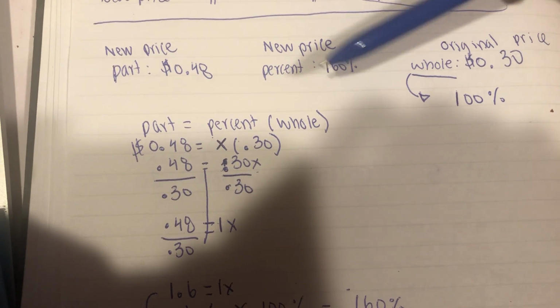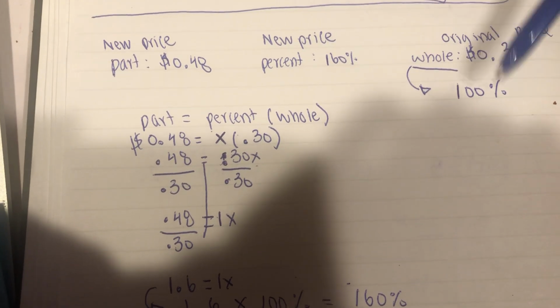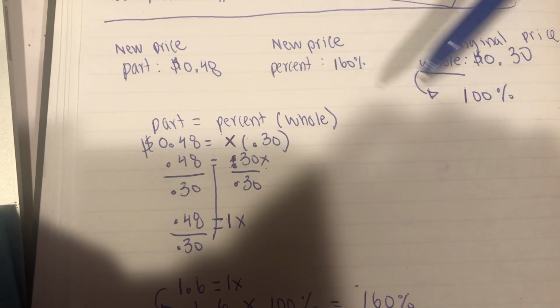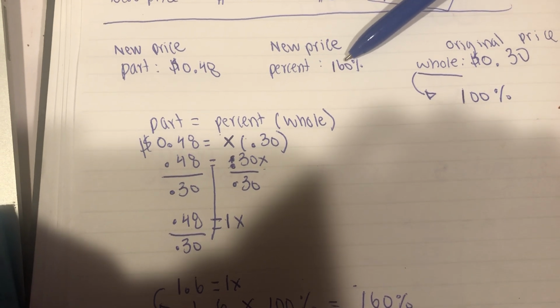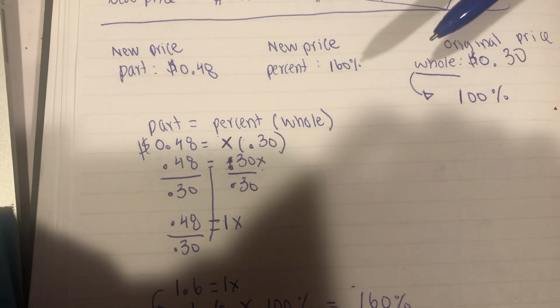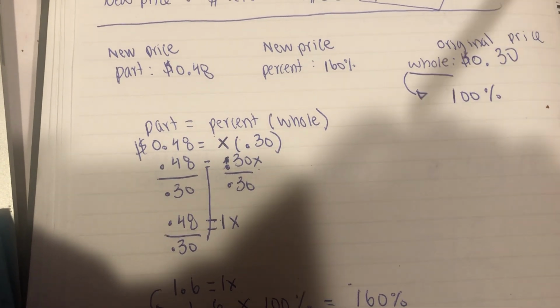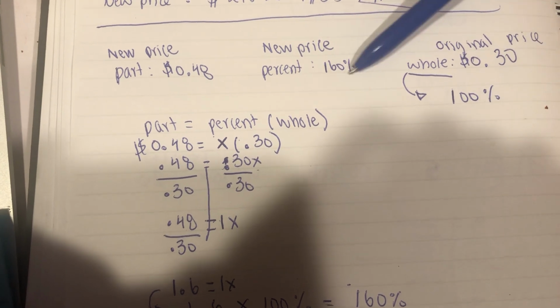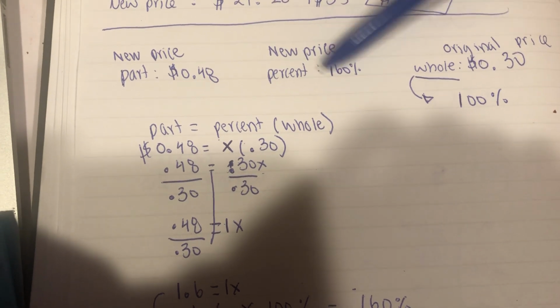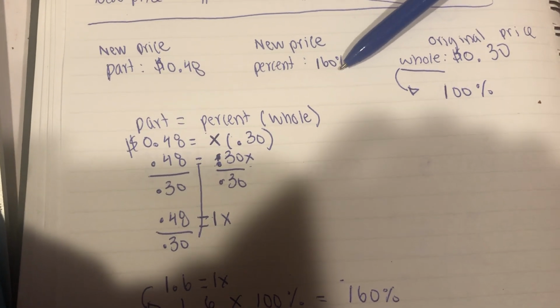Now your new price is 100% plus the markup, which is going to be actually 60%, which makes sense. The new price is 160% because it's added on to the whole, right? More money is being added to the whole. So my new price is going to represent 100 plus however much it got marked up by.